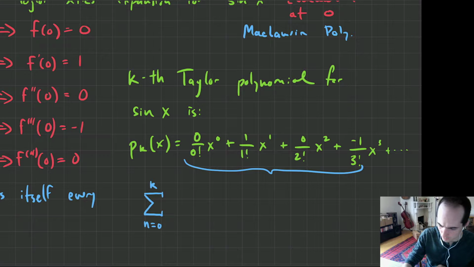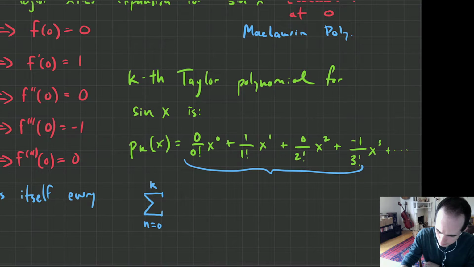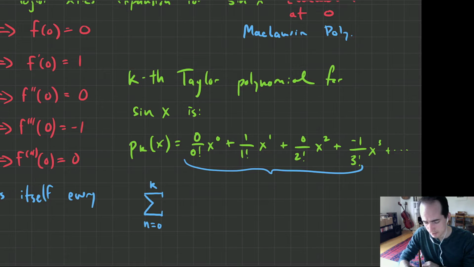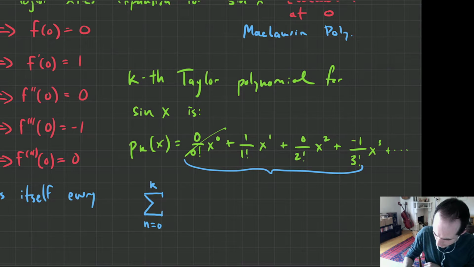So that means that we can express this as a sum without too much trouble. I've got the sum going from n equals 0 to k, and the first thing to notice is that we've got a whole bunch of zeros here, so those just cancel out.